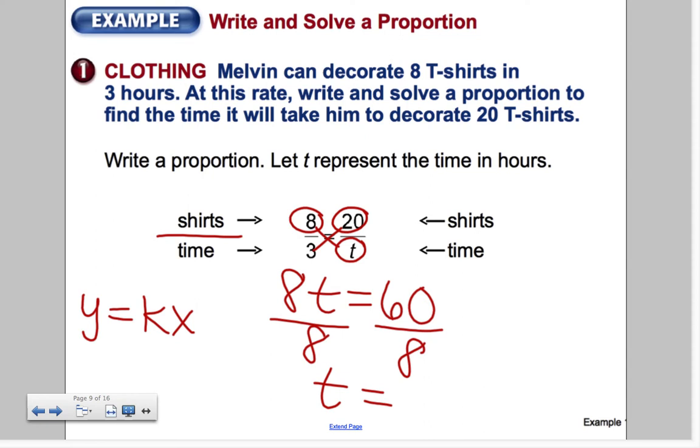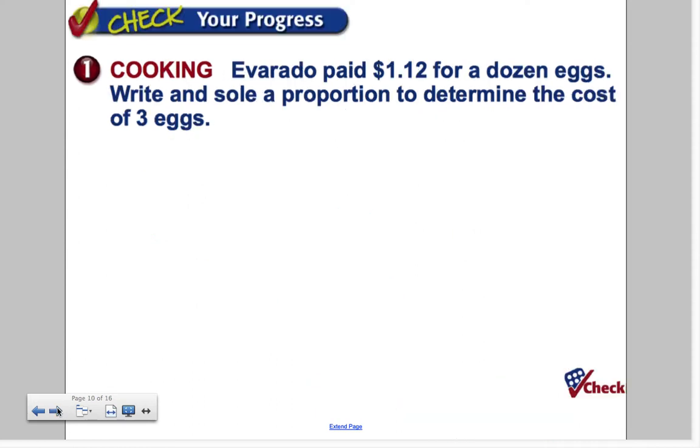Can you have a decimal? Sure. It's hours. You know what a half an hour looks like, or what it feels like to take a half an hour? You can measure that. All right, let's start the next one here.